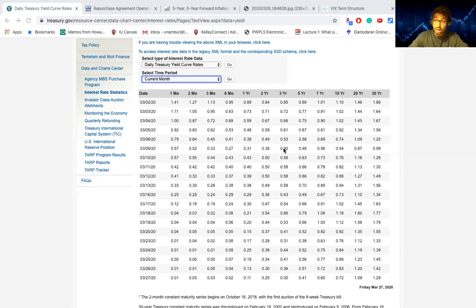Some other smaller parts of the bill included the delaying of the interest loan payments for student loans as well. And within this $500 billion lending program, you saw money specifically go towards the airline industry as well. And we saw a brief rally throughout the week as a result of this.